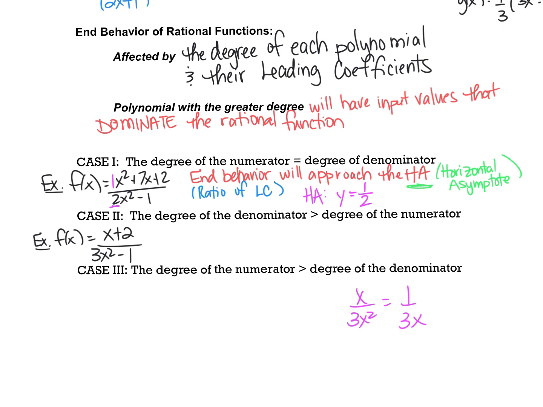So anytime the denominator is a higher degree than the numerator, our end behavior will approach the horizontal asymptote y equals 0. Always, y equals 0. It is your horizontal asymptote.